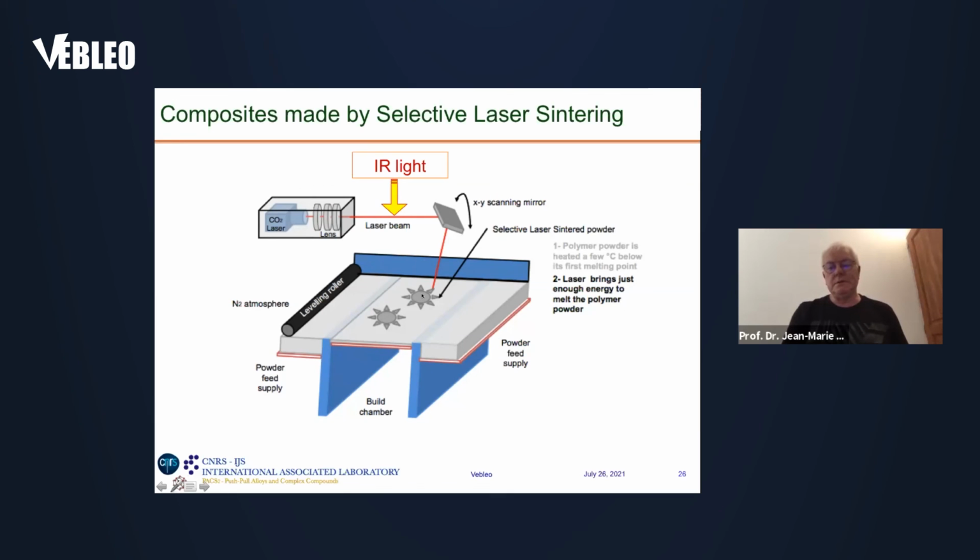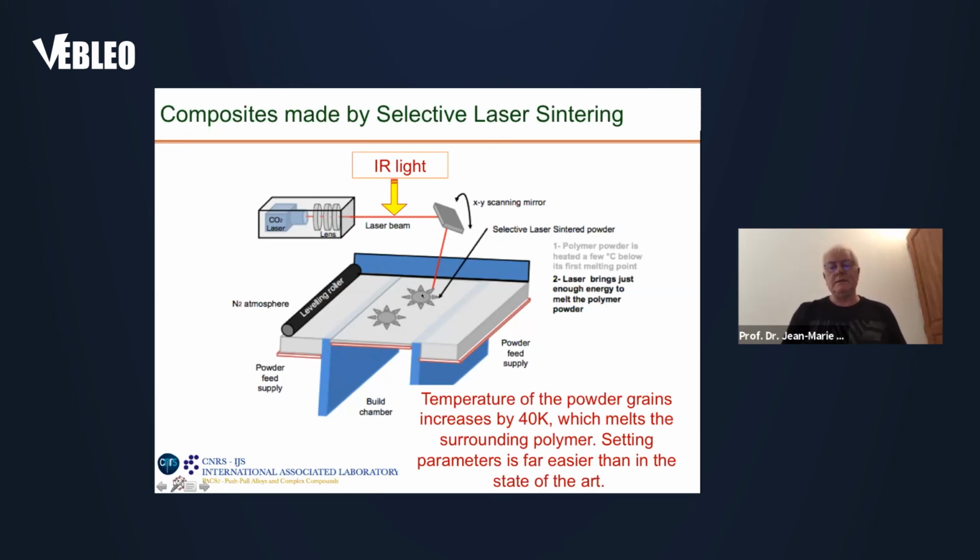And with a quasicrystal, the absorption of light is much higher than with a conventional metal or metallic alloy. So the temperature of the grains locally increases in the conditions of this experiment by 40 K, which opens the process window very much. Instead of a few degrees, you have a few tens of degrees. And with this, it is easy to produce composite materials.